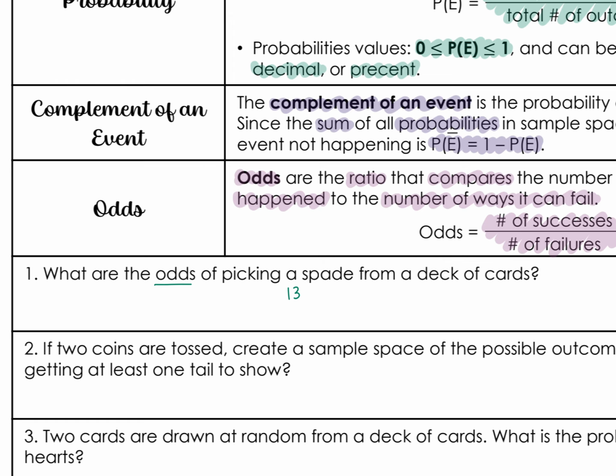Over our failures, which is everything that is not a spade. And so to find that, we could take our total, 52, minus our spades. Well, when we simplify here, we could get 13 over 39, which will just reduce to 1/3.